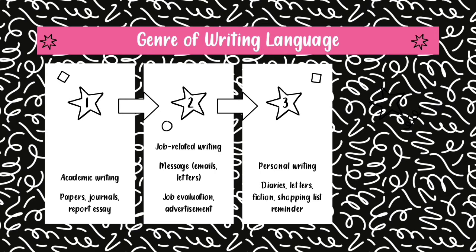Third, personal writing. Personal writing deals with diaries, letters, fiction, or shopping list reminders. The letters here are personal kinds of letters, for example, the letters that we write to our friends.